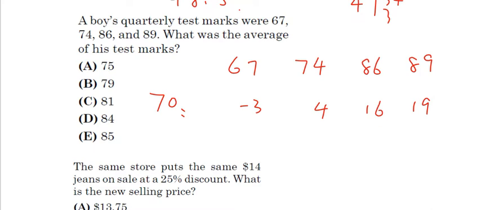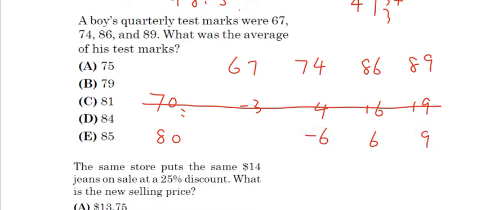Actually, setting 70 is not so good. Maybe 80, since there are more numbers above 70. So how about 80? If we set 80 as our baseline, this is 6, this is 9, this is negative 6, this is negative 13.